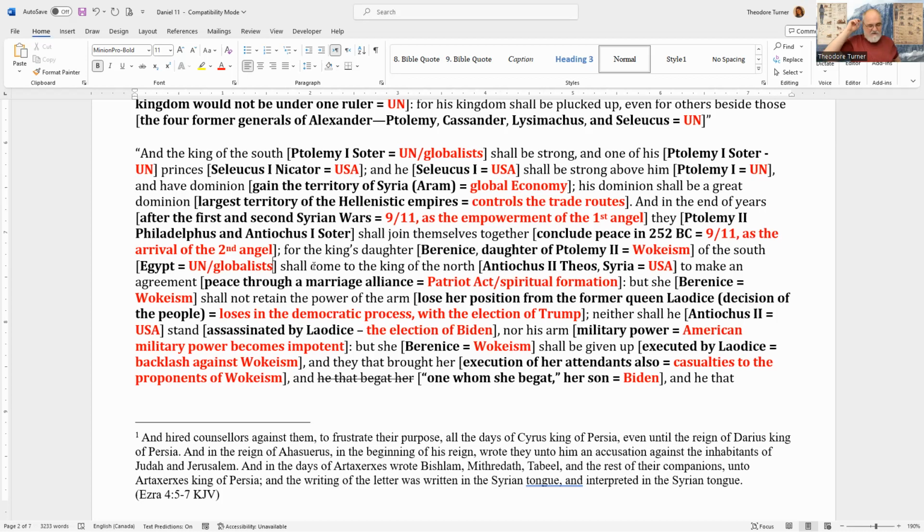So one's born October 13th, 1989. The other one's born November 9th, 1990. So one's born in 89, one's born in 90, 391 and a half days apart, which was the same thing we had with that time set.